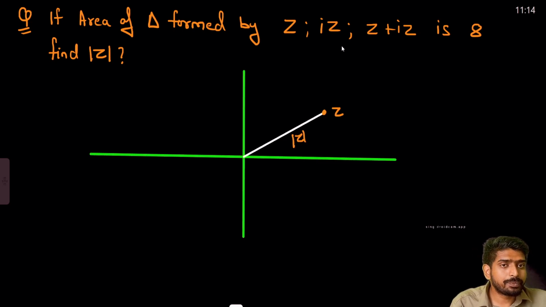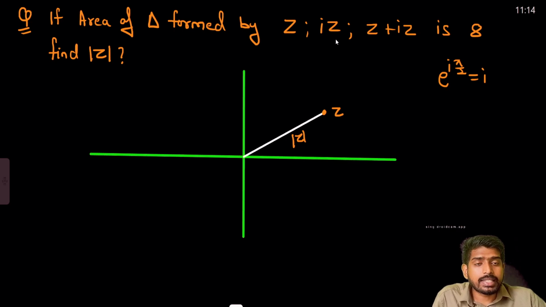Now I told you to remember that e to the power iota pi by 2 is nothing but iota. So multiplying z with iota to get the iota z complex number is the same as multiplying the complex number z with e to the power iota pi by 2, because both are the same, right?